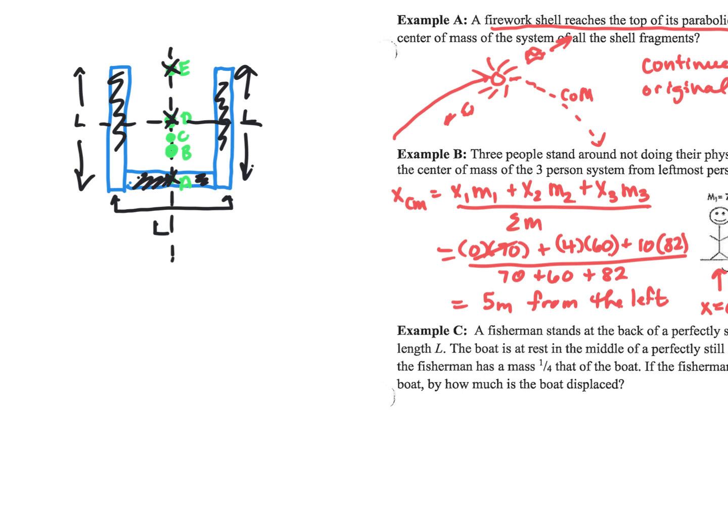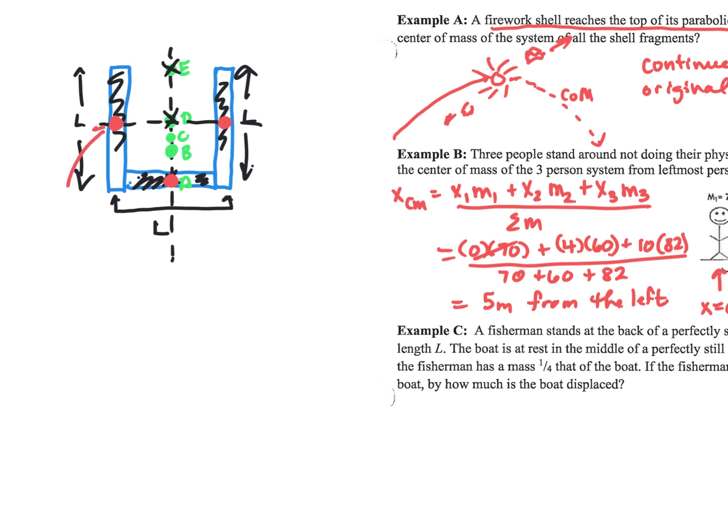So what we can do is treat this as three completely separate points. I know the center of mass of the first bar is going to be in the middle, the second bar is in the middle, and the third bar is in the middle. Now I can figure out what those three locations are and treat it like three points instead of three bars.